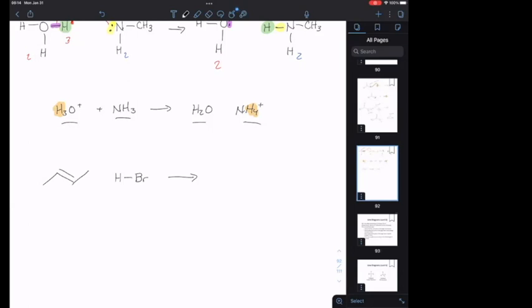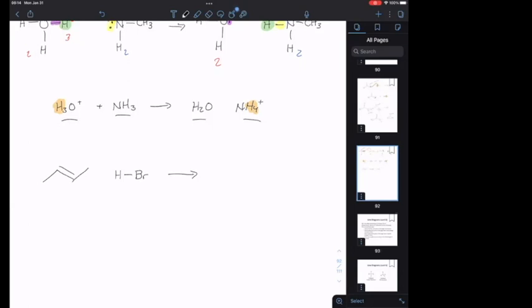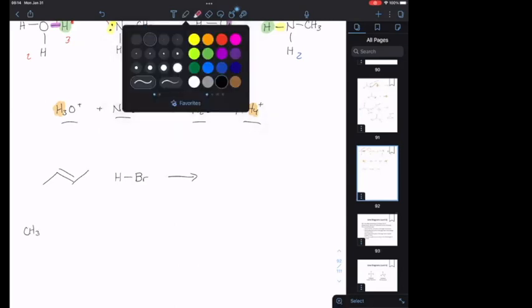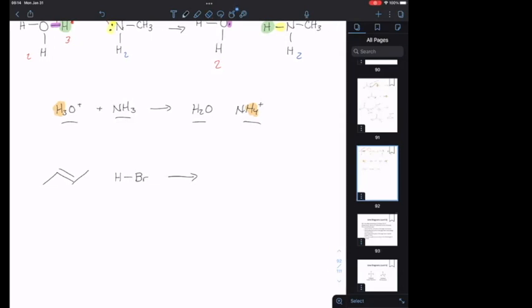And so just to be clear, because maybe we're not all experts at our bond line structures yet, this molecule that I've drawn above, let me actually draw it fully out. All right, that is the same thing as this molecule here.